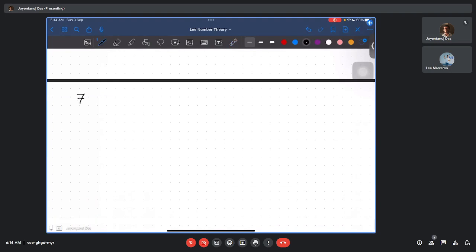Suppose a equals 7 and m equals 10. Here 10 is not a prime, so we are choosing a composite number. We are trying to find a power of 7, 7 to the power what, that is congruent to 1 mod 10. First of all, the condition is satisfied, that GCD of 10 and 7 is 1, so we can actually find a power. But now let us see what will happen.